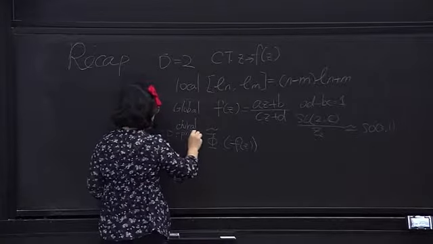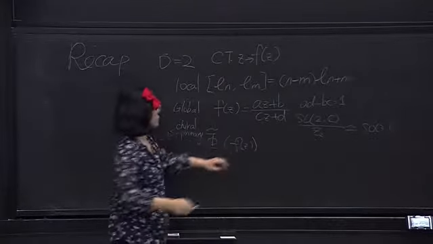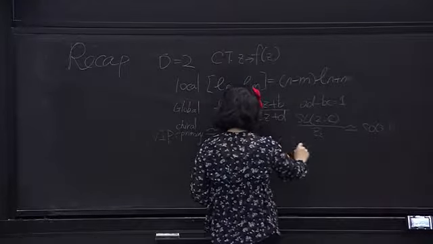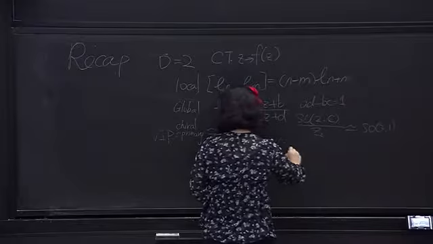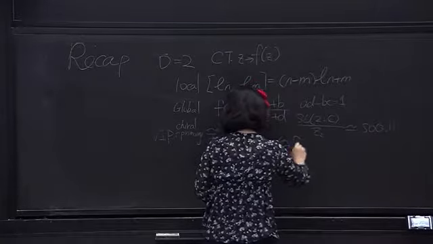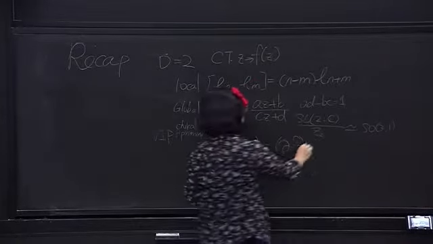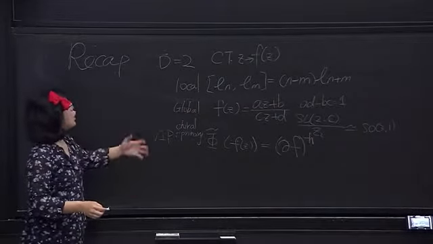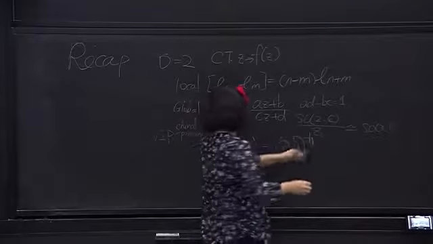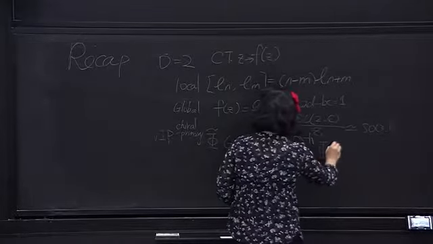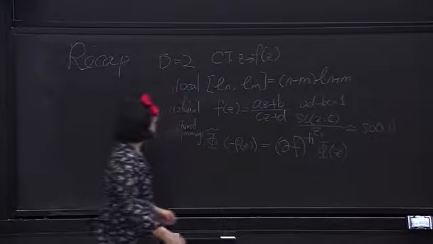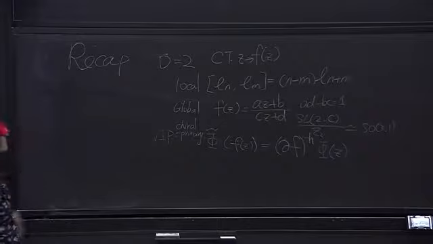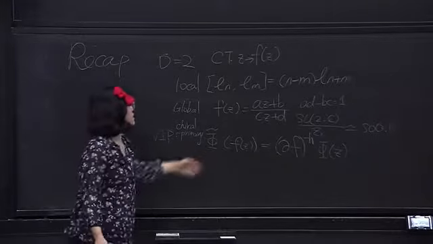A chiral primary field would transform like this, scaled, using the new notation, with a holomorphic conformal weight h with respect to the original point. Okay, you have seen this last week when you were in general dimension, and this is just how it looks in 2 dimensions.